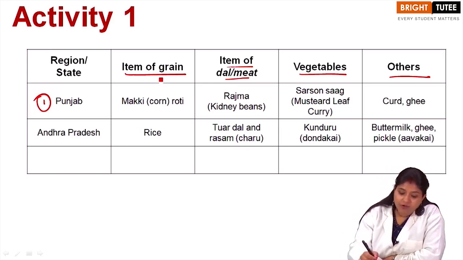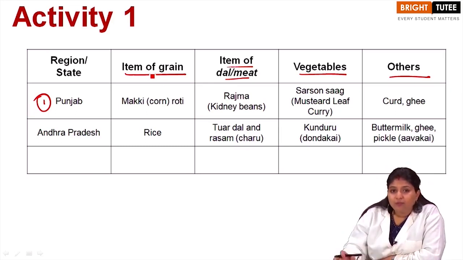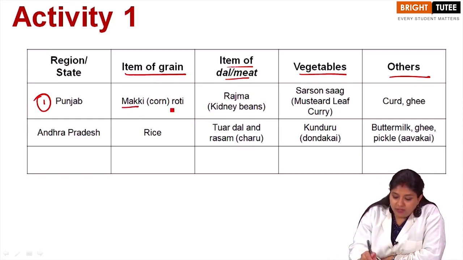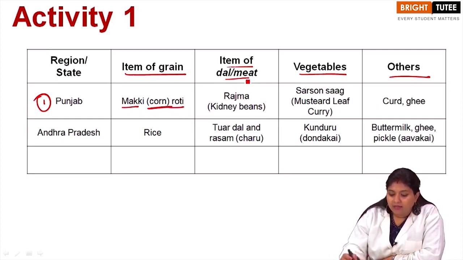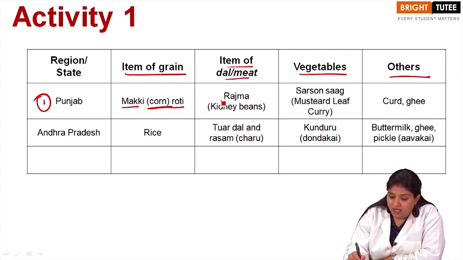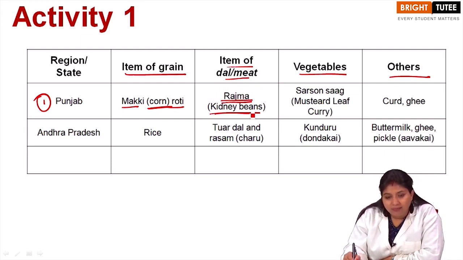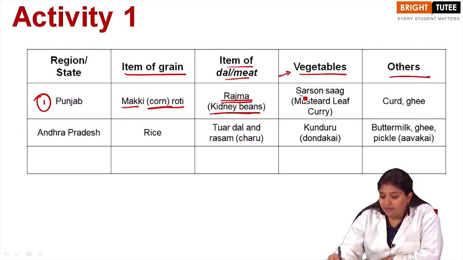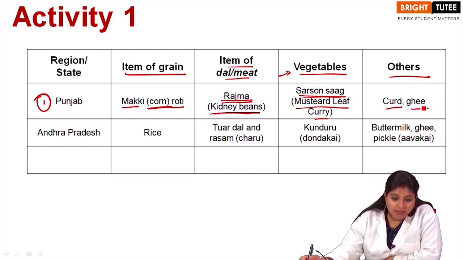When we talk about the item of grain, in this particular meal the makki ki roti is basically the grain item, that is the corn, right? Then the item of dal or meat, over here we have the dal, that is the rajma, also called kidney beans, and the vegetable is the sarson ka saag or the mustard leaf curry, right? Then in others we can have the curd or we can have ghee, right?